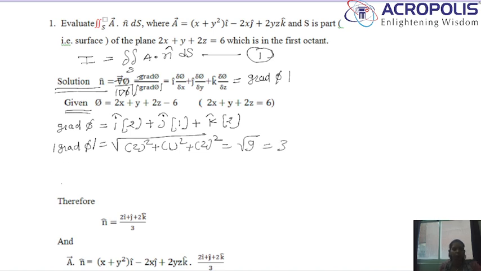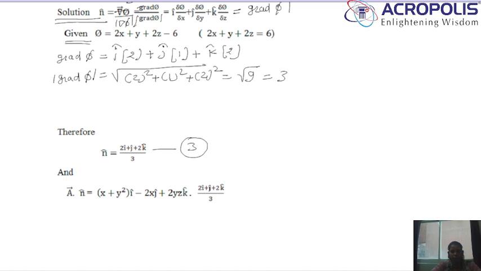So here the value of unit normal vector n cap will be 2i plus j plus 2k divided by 3. This is our equation number 3. So first we calculate the unit normal vector with the help of grad phi upon mod of grad phi. Now after that we calculate the dot product of A vector and n cap.